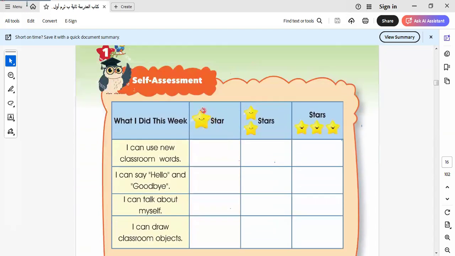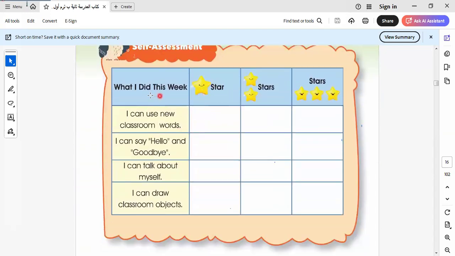Here is the schedule of your day. Here we say what I did this week. So here we have the tasks that I do this week. One star means I do this thing only once. Two stars mean twice a week. Three stars mean three times a week. When we say I can use classroom words, for example, I say two stars.